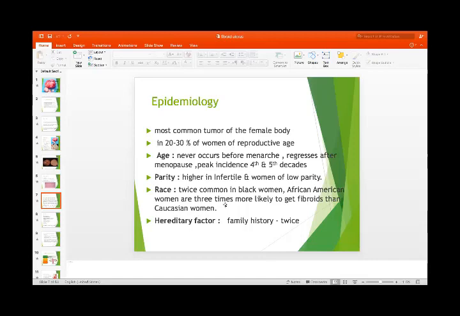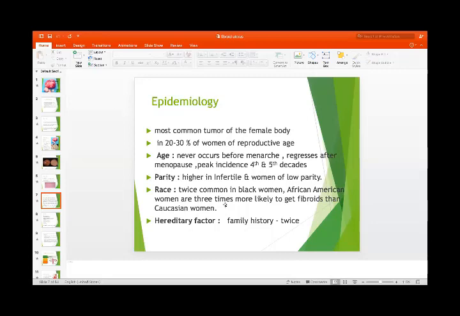It is twice as common in Black African American women, who are 3 times more likely to get fibroids than Caucasian women.